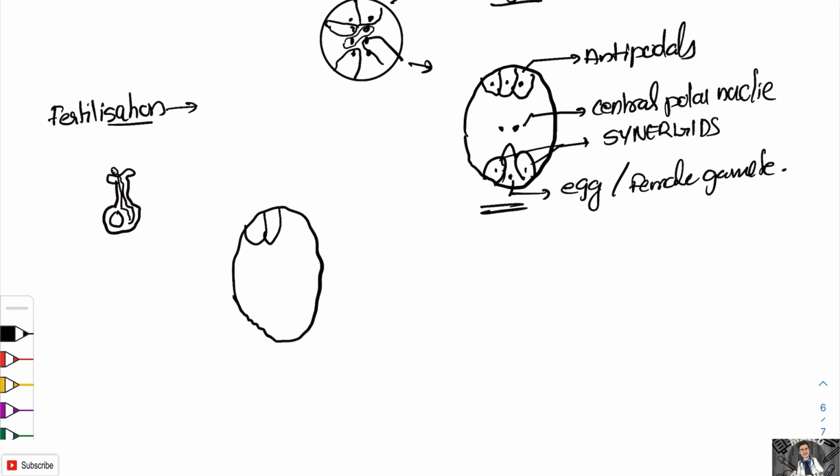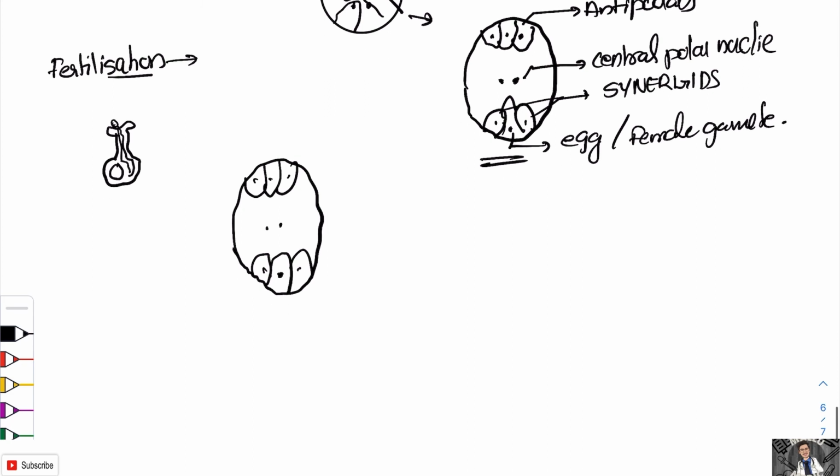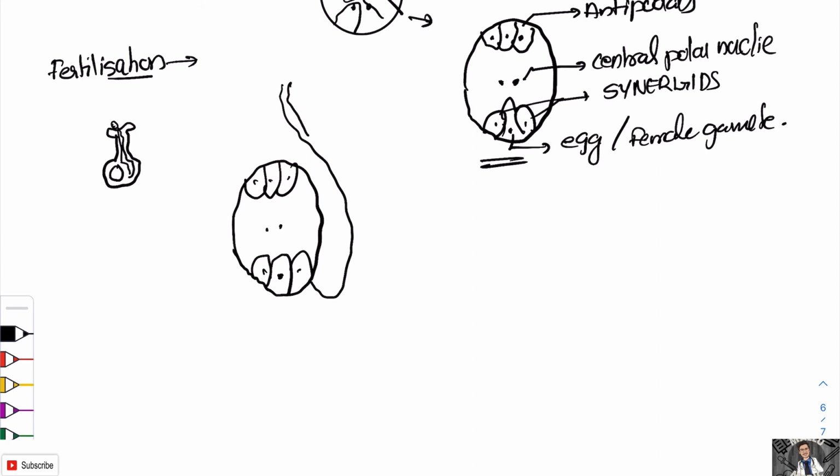So over here we have the antipodals, the central nuclei, the synergids, and then we have the egg. So here we have the development of the pollen sac. Within the pollen sac there is descent of two gametes. Am I right or wrong? I'll represent it in different colors so it becomes easy for you to recognize.